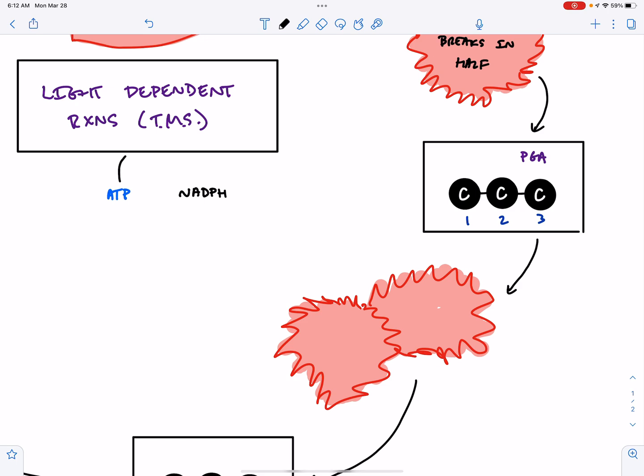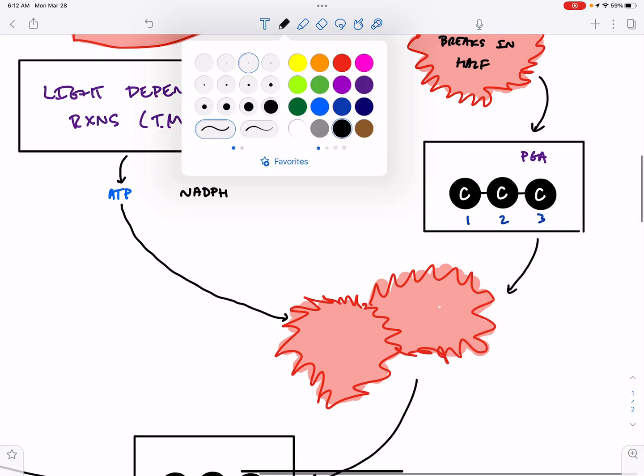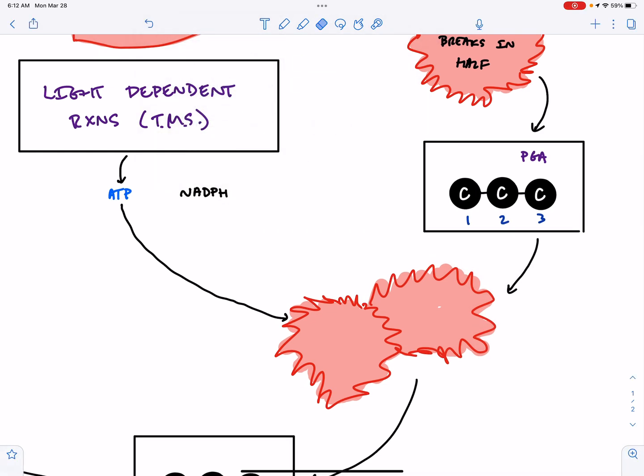And remember, both of these components are being supplied to the reaction from the light-dependent reactions. So ATP comes in and drops off some energy. And NADPH, also coming from the light-dependent reactions, comes in and drops off some hydrogen ions and some high-energy electrons.